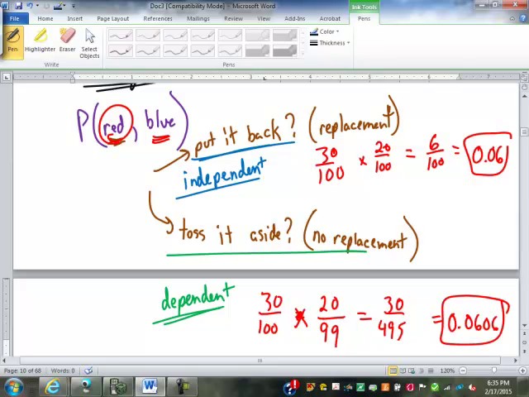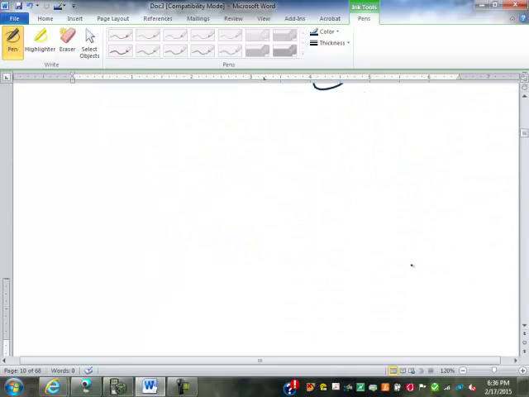Because we've already done something to the population, the probability's changed. The probability of drawing a blue marble depended on whether you'd already drawn a marble or not. So they're dependent events. Technically there is no difference in the rounded answer, so you would want to put 0.0606.